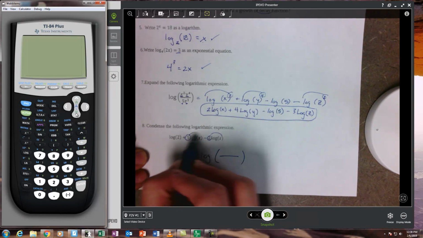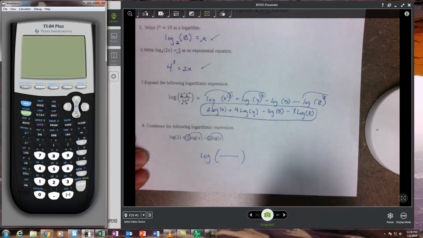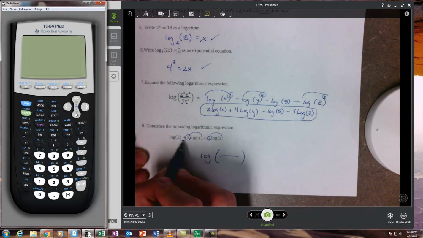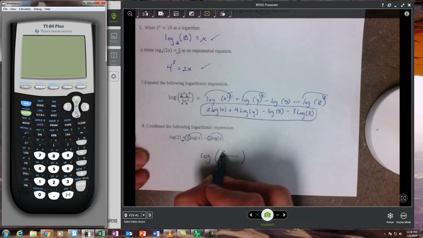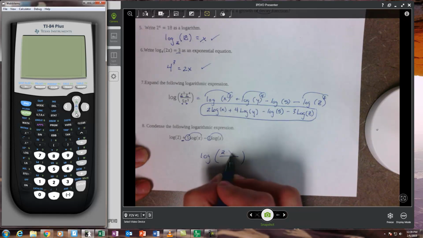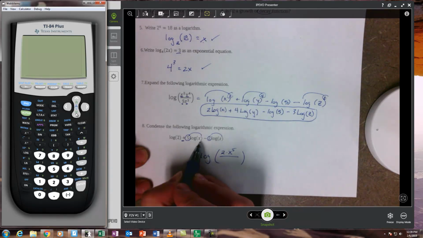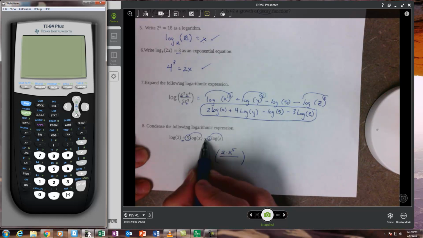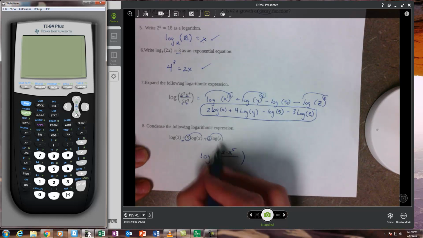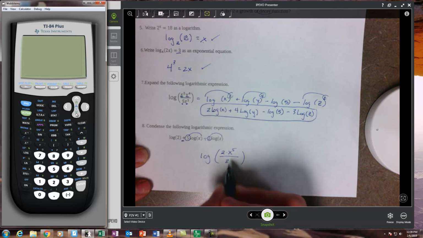They need to go back before I really put things into the logarithm. Remember that addition meant that these two things are multiplied. So I'm going to take 2, or they're from the numerator and multiplied, 2 times x to the 5th. I get x to the 5th because this 5 becomes an exponent to log. Now because this is a negative log, it must belong in the denominator. So my z goes to the bottom, and that 2 is its exponent.